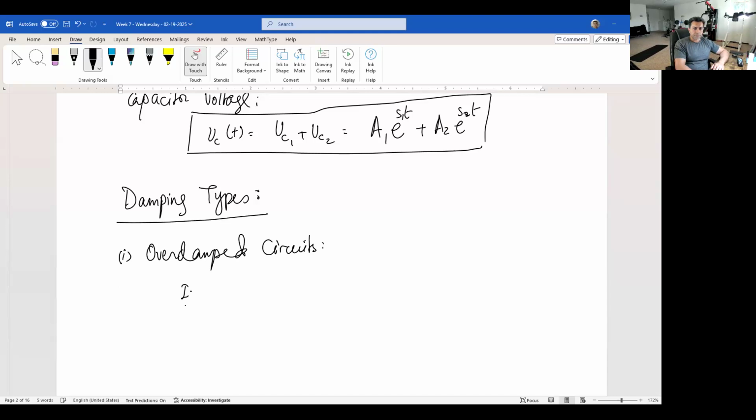If alpha is greater than omega naught, S1 and S2 will be two real and negative values.